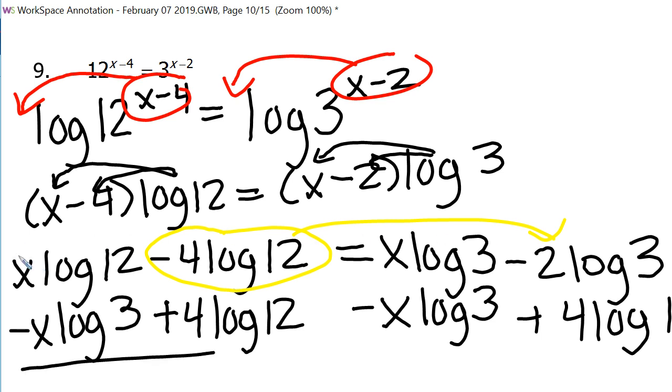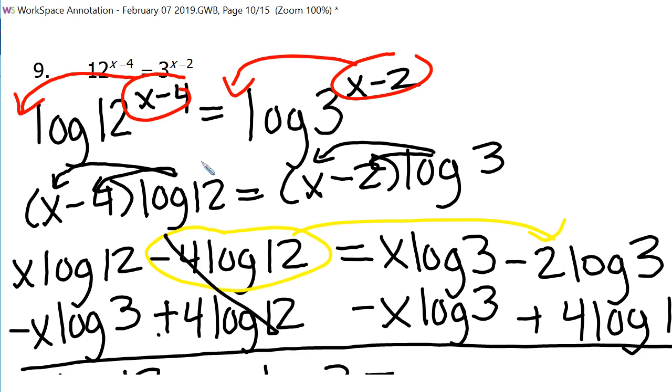Okay, so that gives me x log of 12 minus x log of 3. These guys cancel. These guys cancel. That gives me negative 2 log of 3 plus 4 log of 12.